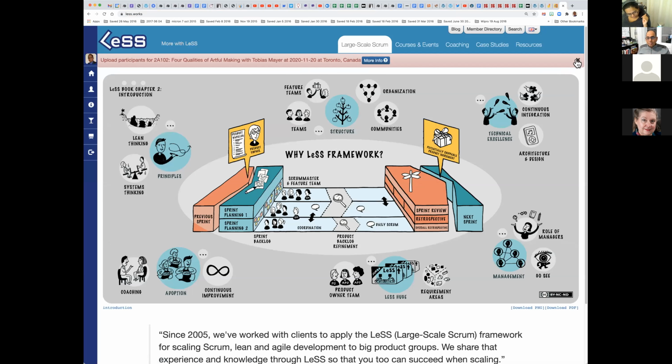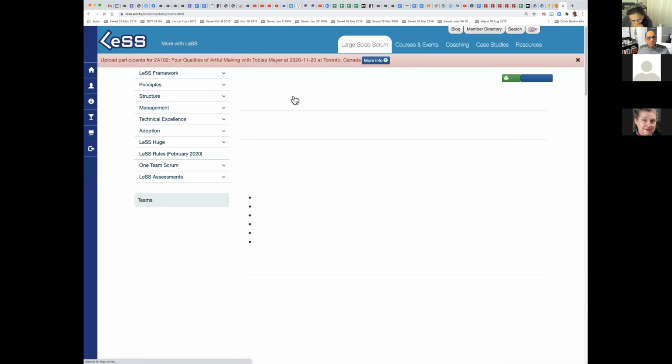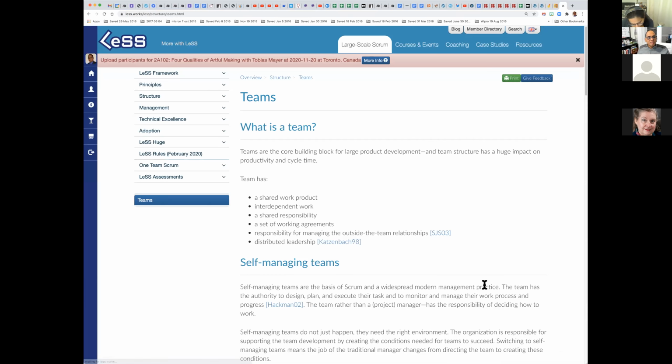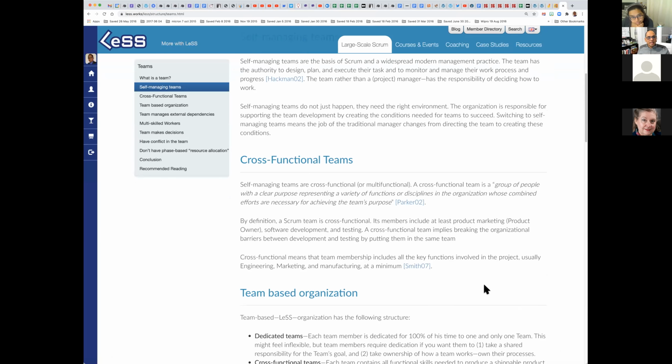I'm going to pick up this picture from the Large Scale Scrum website. Large Scale Scrum, as you know, is built on top of Scrum. It's the same construct where there's a single product owner and product backlog, but it focuses more on multiple teams rather than individual teams.